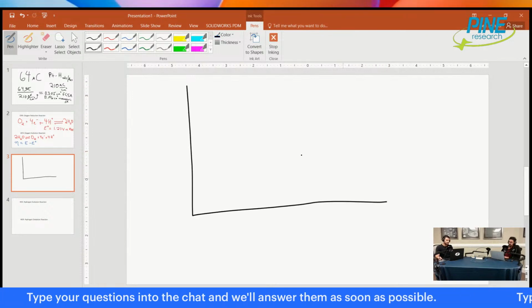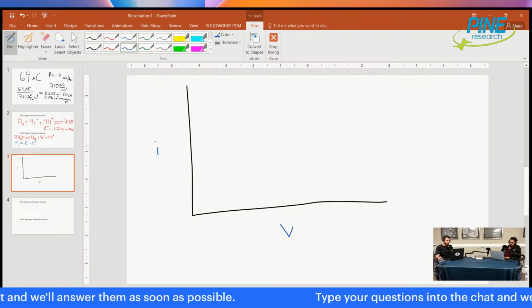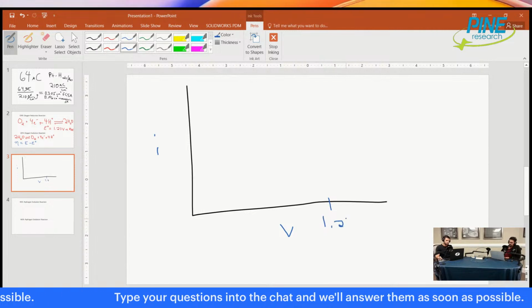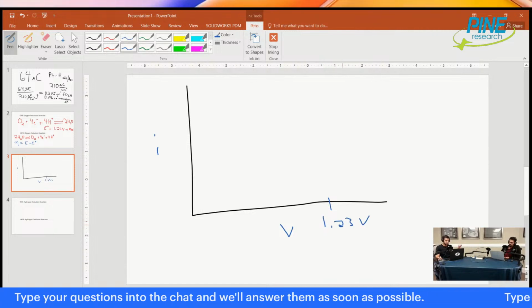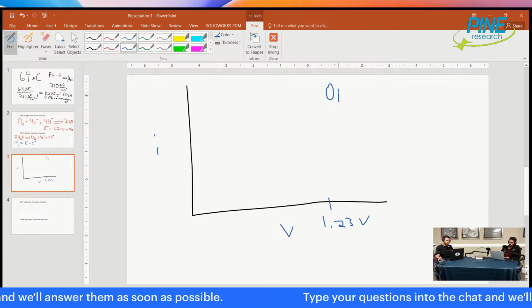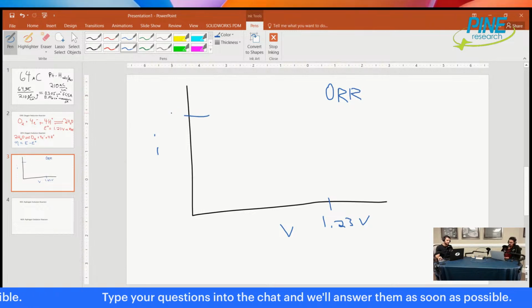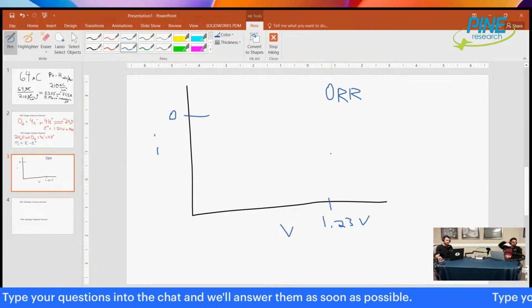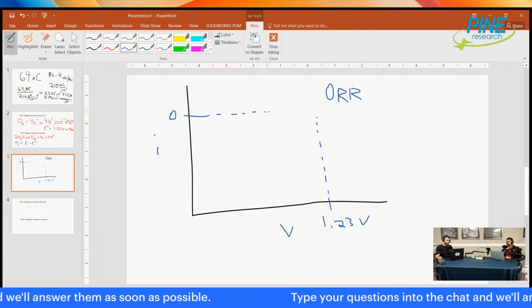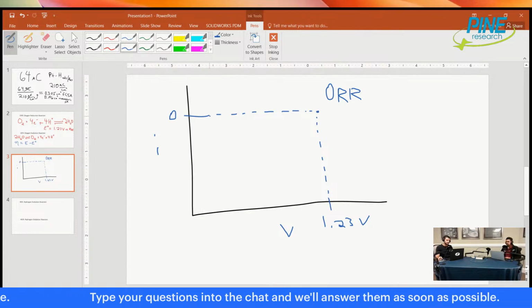So this is voltage and current, and this is 1.23 volts versus NHE, effectively, if I'm doing ORR, and this is 0 current. I'll draw the intersection between these 2 points.